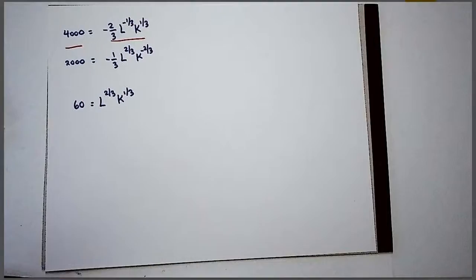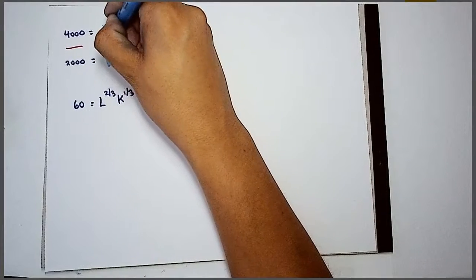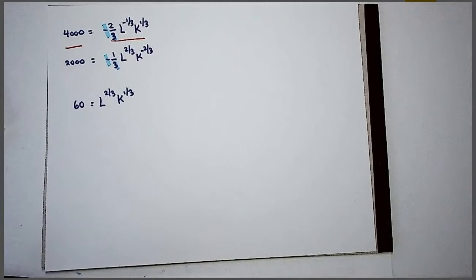So let's divide these first two equations. Here we can cancel the negative sign and the 3's.